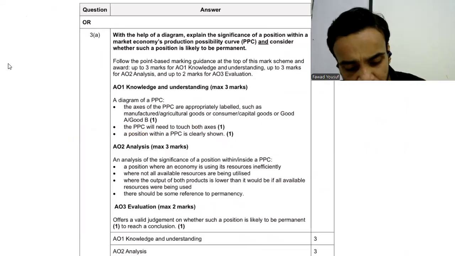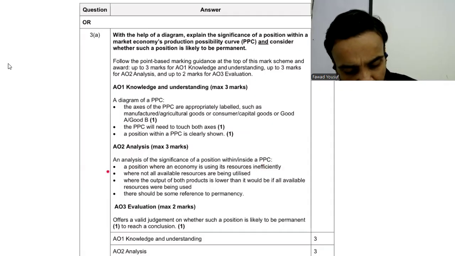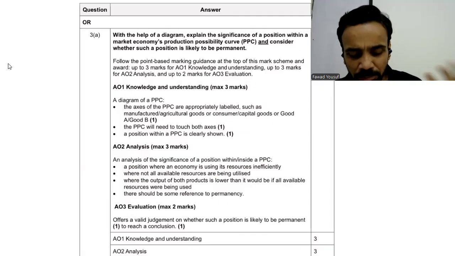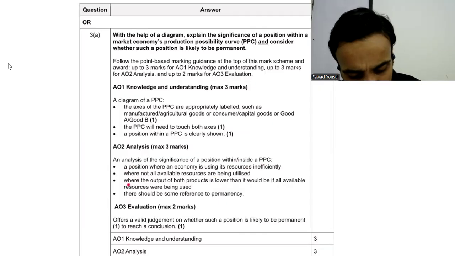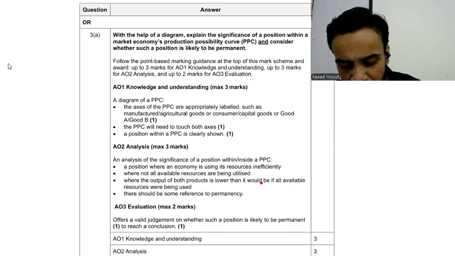3 marks, easy. An analysis on the significance of the position inside a PPC. The word inefficiency is being used. I'll give you a mark if you use the word inefficiency. All resources are not being utilized. Unemployment, I'll give you a mark. Where the output of both products is lower than it would be if all resources were used.